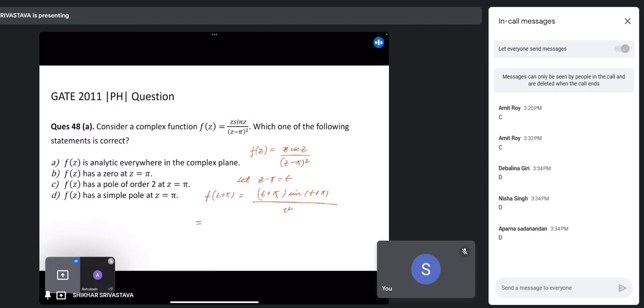You can just separate this: (t plus pi) by t square, and sine of (t plus pi) is nothing but minus sine of t. So you can write this as (t plus pi) sine t upon t square. I've just opened the bracket. Now you expand this.